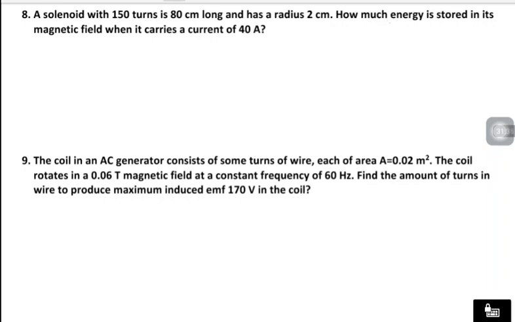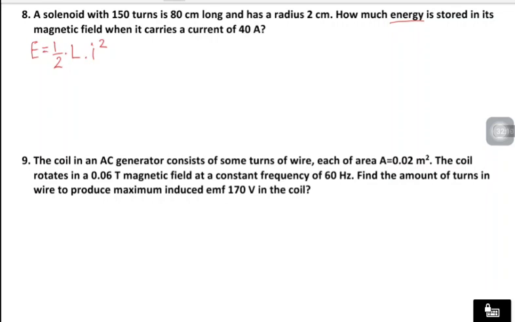Okay, when we have to find the energy in a solenoid or in an inductor, we have to use the formula. Energy is 1/2 times self-inductance times current square. In this formula, we have not found the value of self-inductance L yet.